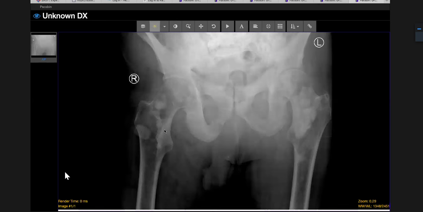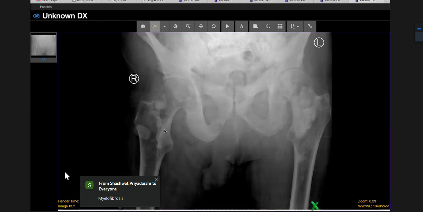There are a few conditions, but they kind of diffusely increase the density of your bones rather than giving you patches like lesions like this. Paget's, again, no, it won't look like this, will it? Because you get the coarsened trabeculae in the expansile bone, and so again, that won't look like it. Myelofibrosis, I think, does that give you just increased density?